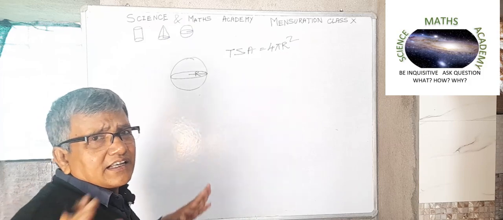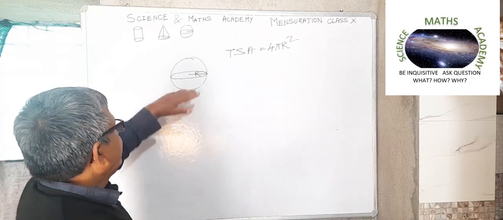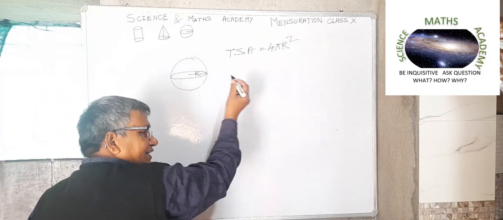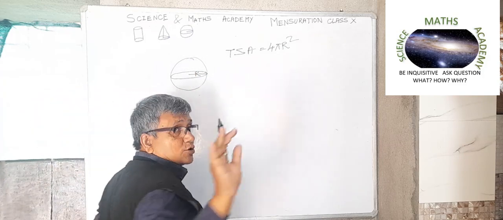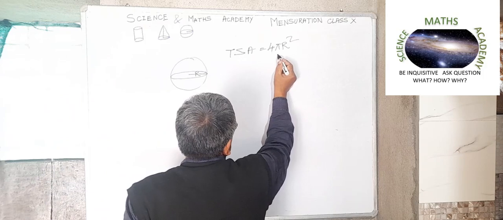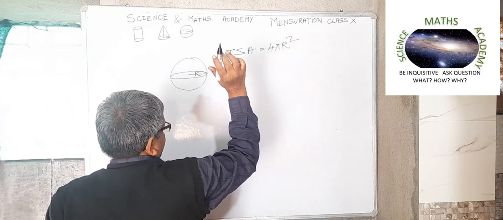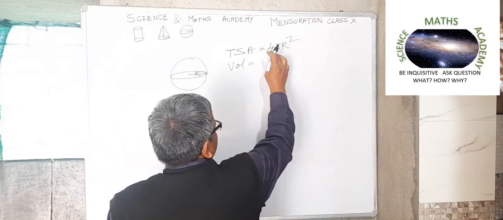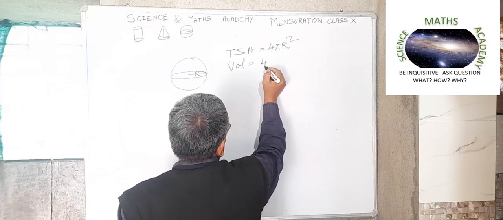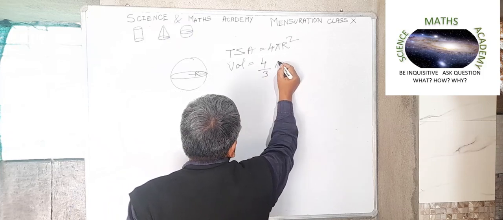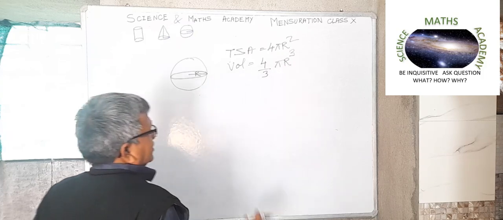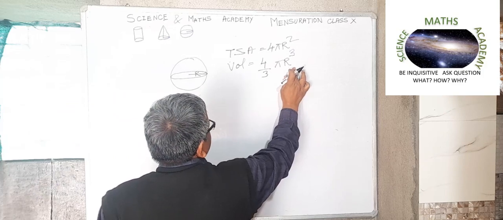Very easy. For a circle it is pi r square. For a sphere, as it is in this shape, we can prove this also, but it is not in your syllabus. Total surface area is 4 pi r square. Now what will be the volume? If you remember this, it will be 4/3 pi radius cube.